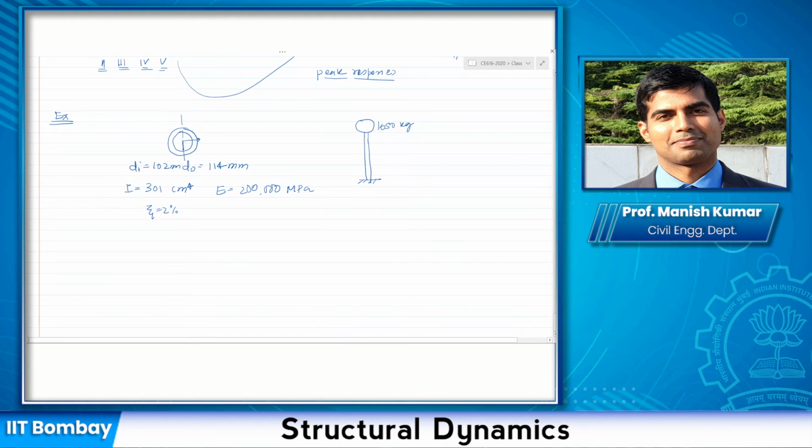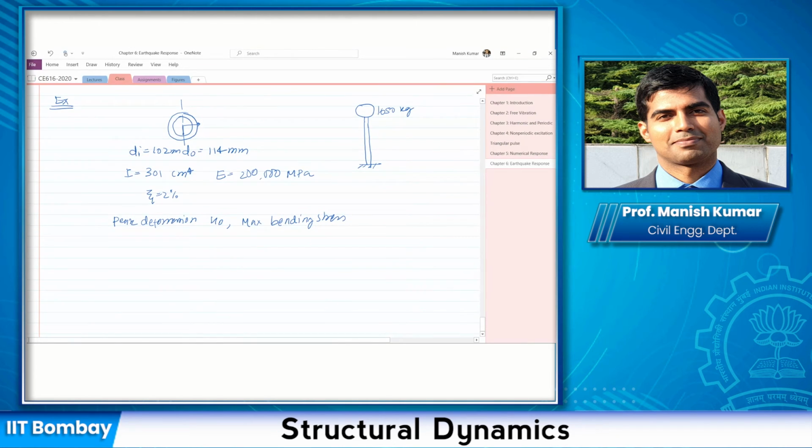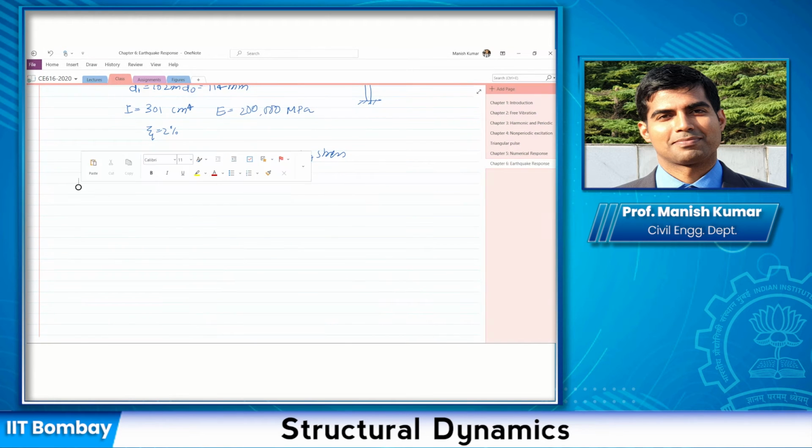So what do you need to find out? What is the peak deformation, or U naught? And you need to find out what is the maximum bending stress, subject to a ground motion for which the response spectra is given to you.